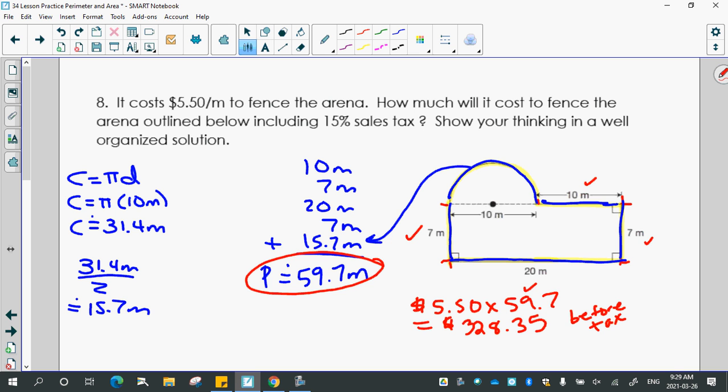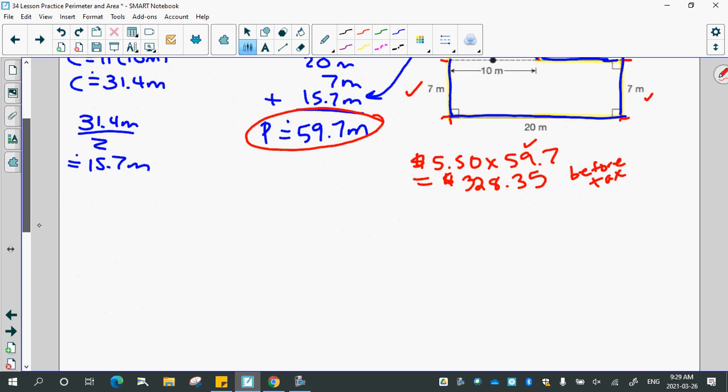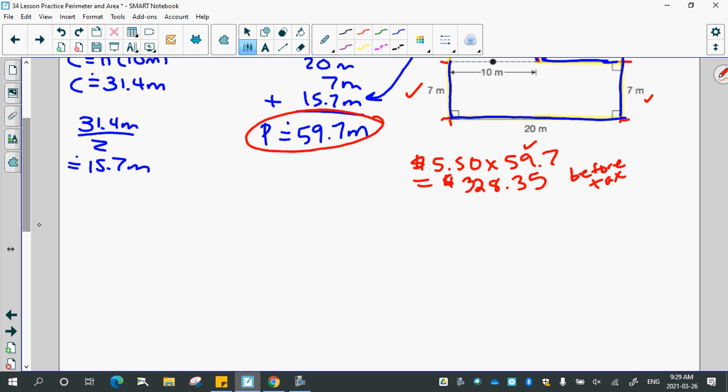And then who remembers how to do tax? To find the tax, you can multiply by 0.15, then add that, or go back to percents, whatever you want, I'm not picky here, but here's my 15%. We go back to proportions.